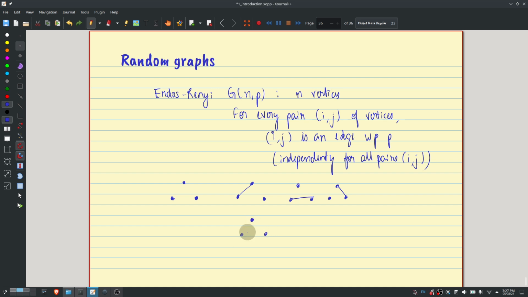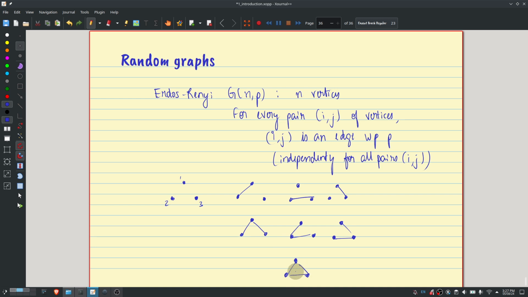Two edges could be present. And how many configurations do I have? Again, I have 3. So loosely speaking, I'm assuming that each of these vertices is labeled in some particular form. So for example, these 3 are distinct graphs. And then all of them could be connected.